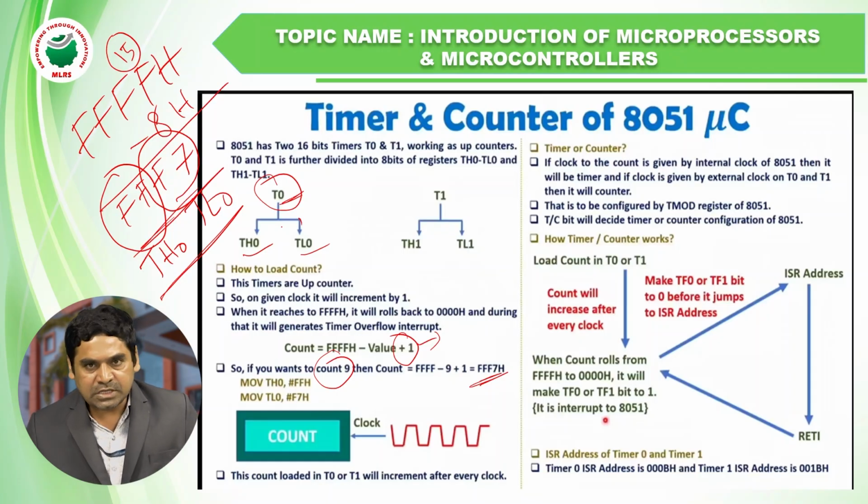The instructions used are MOV TH0, #FFH, so the FF value is loaded into TH0, and similarly MOV TL0, #F7H. This F7 is the lower bits, loaded into TL0. L represents lower bits and H represents higher bits.